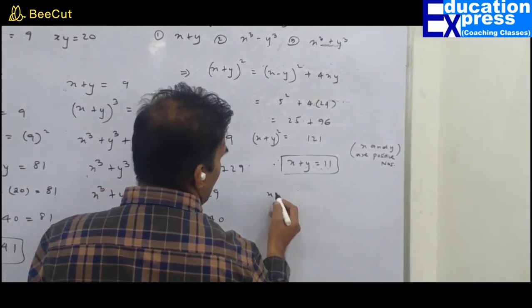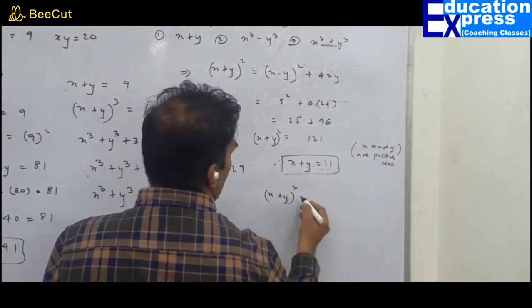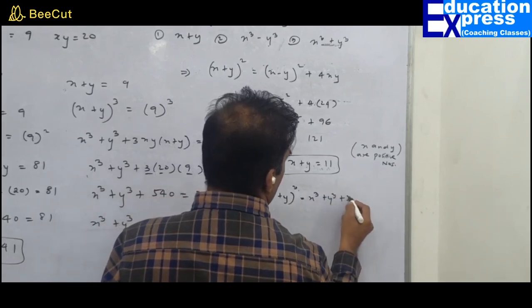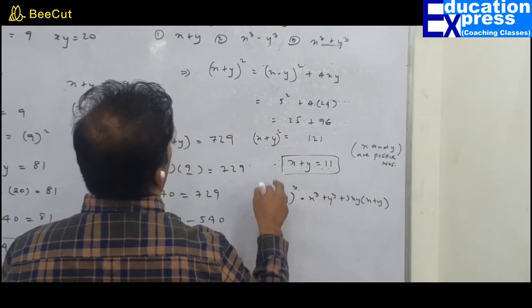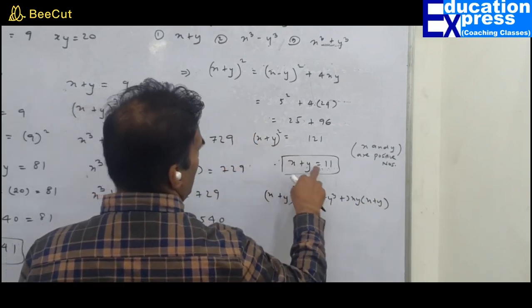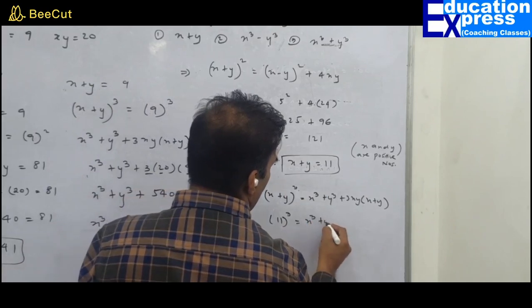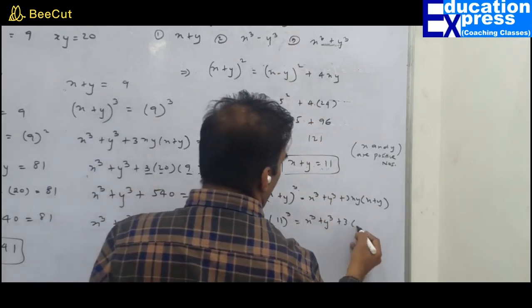So you will simply say (x plus y) the whole cube equals x cube plus y cube plus 3xy (x plus y). X plus y is available, we found it to be 11. 11 cube equals x cube plus y cube plus 3 times xy. What is the value of xy? 24.